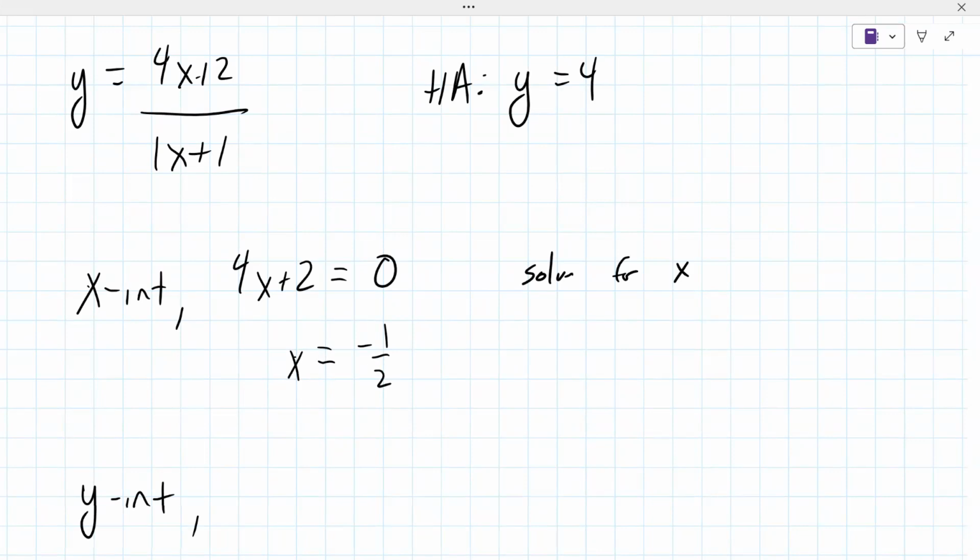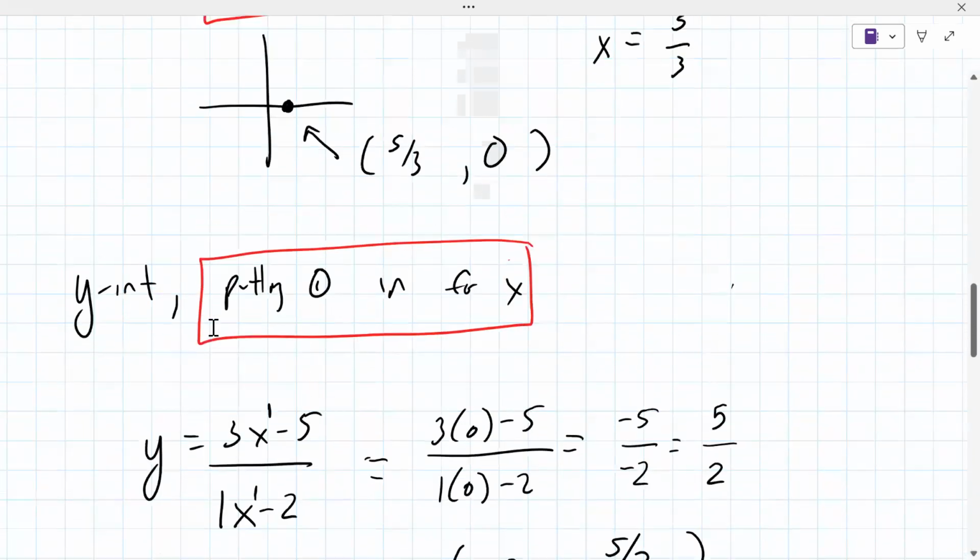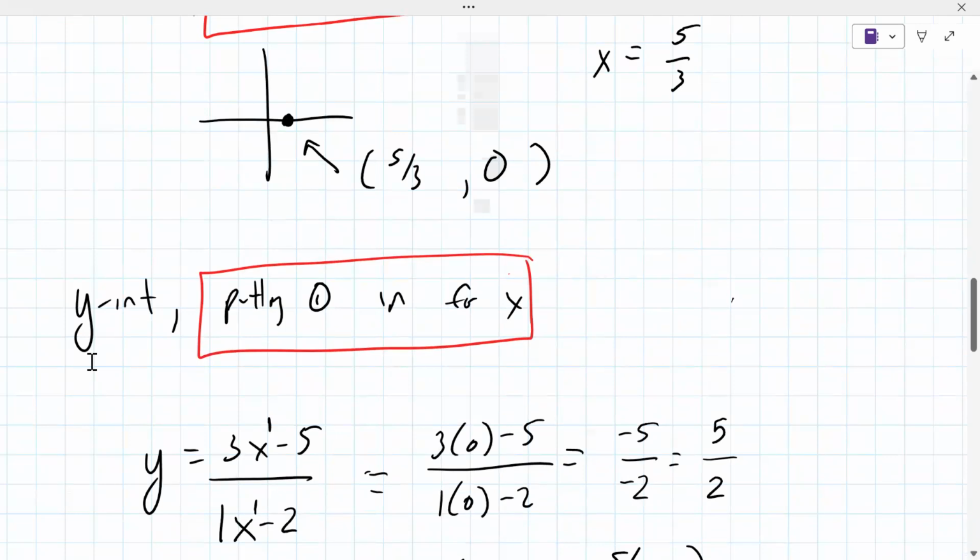The ratio of the constants? Okay, so let's go back. What is the rule for the y-intercept? Oh, putting 0 in for x. Okay, do you have this written down somewhere?